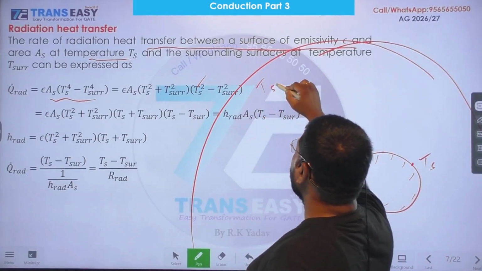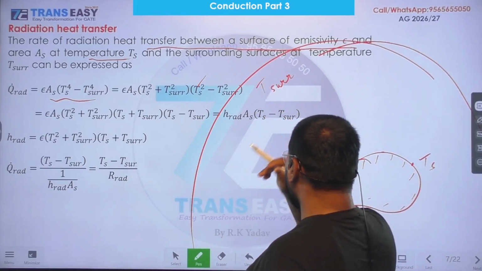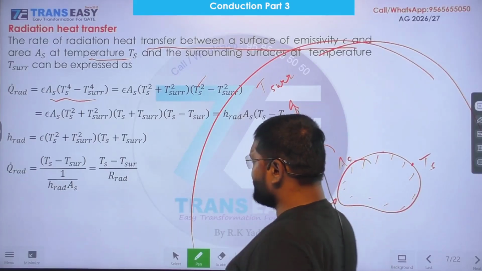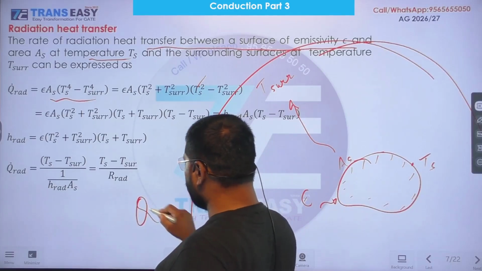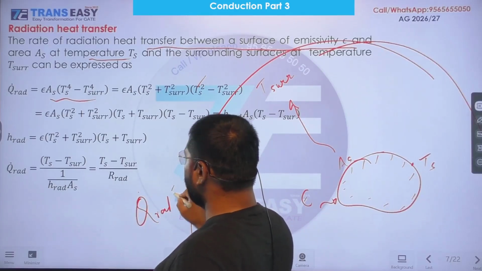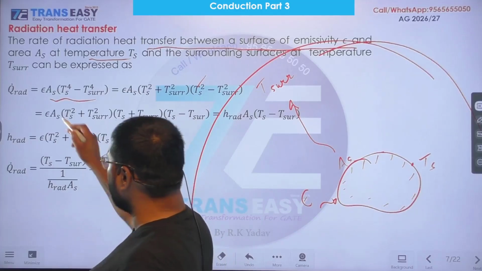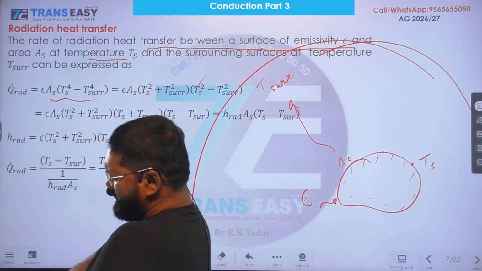Temperature of the surrounding, T surrounding. So under this condition, radiation heat exchange between surface and surrounding can be written as emissivity of surface, its surface area, surface temperature raised to the power 4 minus surrounding temperature raised to the power 4.